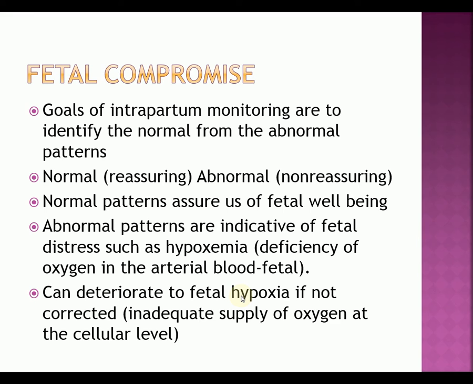And if we can't correct it in utero, then when the baby comes out, the baby's going to be suffering secondary hypoxia and be very difficult to resuscitate. So if we can resuscitate in utero, we would be awesome and pat ourselves on the back for being able to do such a good job.